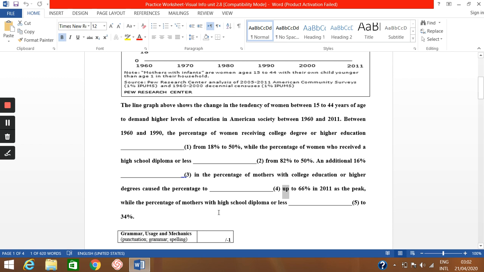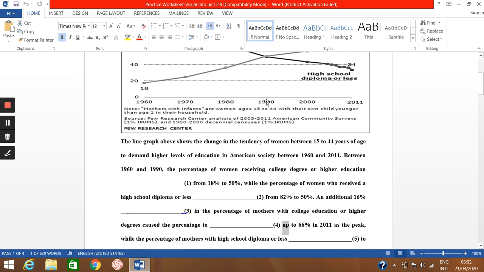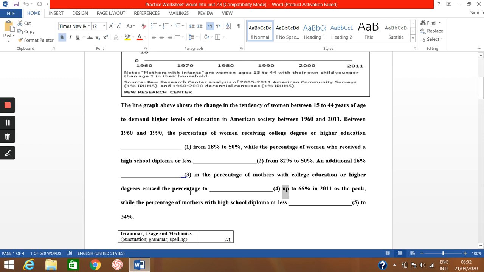So now this time we want to compare this upward trend of mothers with college degree or higher with those with high school diploma or less in the same period, after starting from this point where they cross each other here. So let's read the remaining part.